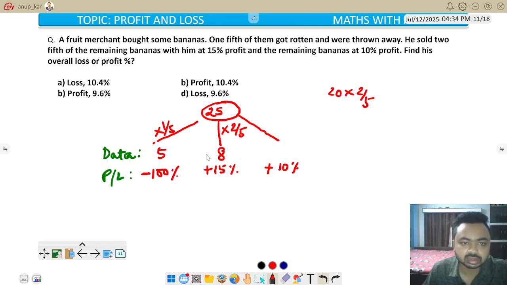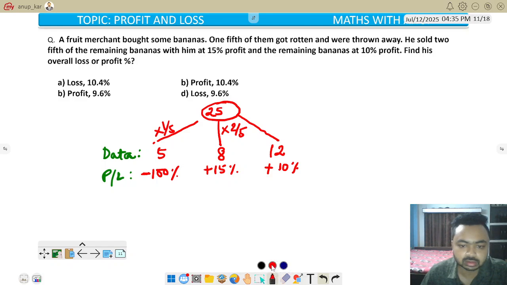So 2/5 of the remaining, 25 minus 5 is 20, 5 fours are 20, 4 into 2 is 8, and the remaining bananas are at 10% profit, so 5 plus 8 is 13, so here it will come out to be 12. I hope it is clear.